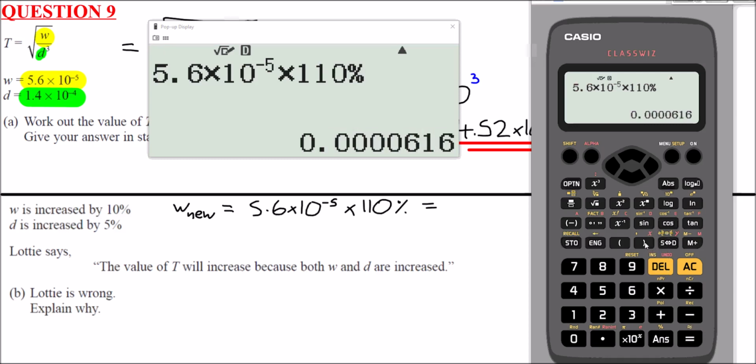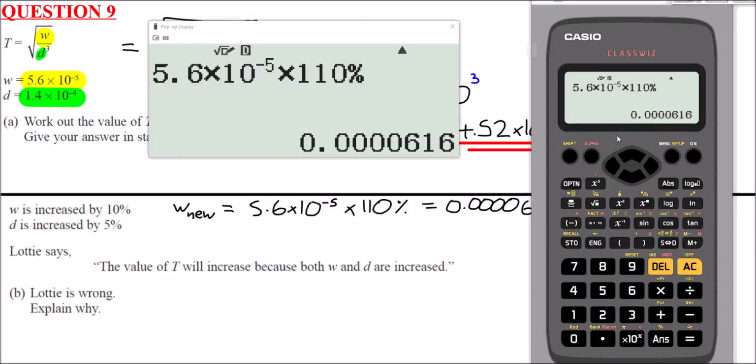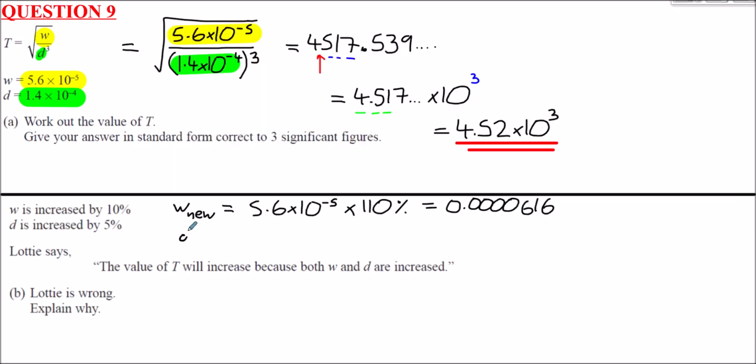I've got 3 different figures, so I can leave it as it is, to be fair. So I've got 0.0000616. Just double check I've got that right. Yes.